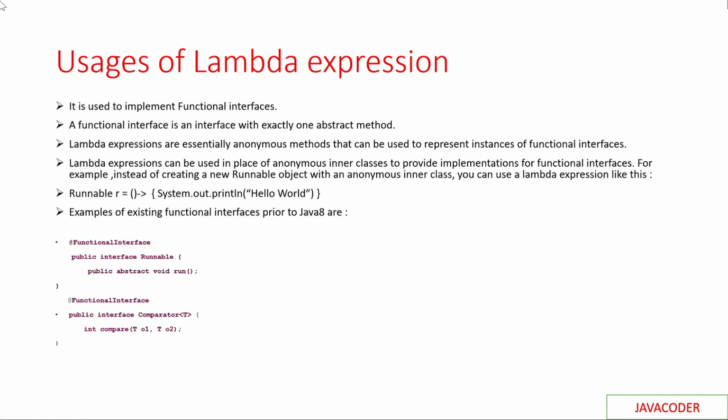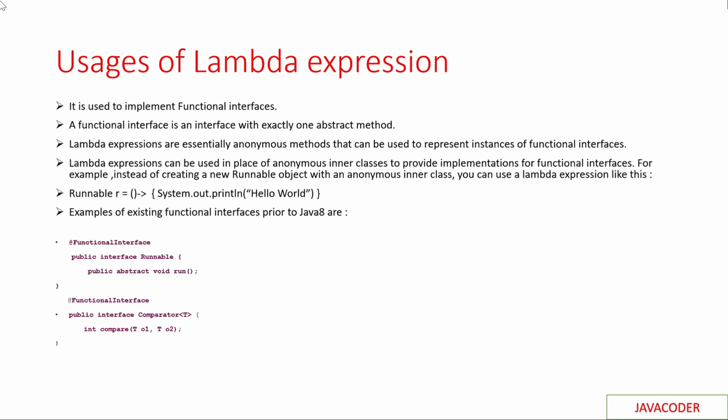Coming to the uses of the lambda expression, the usage of a lambda expression is to implement functional interfaces. For the time being, we will understand that a functional interface is an interface with exactly one abstract method, and the details about functional interfaces we are going to discuss in upcoming videos.